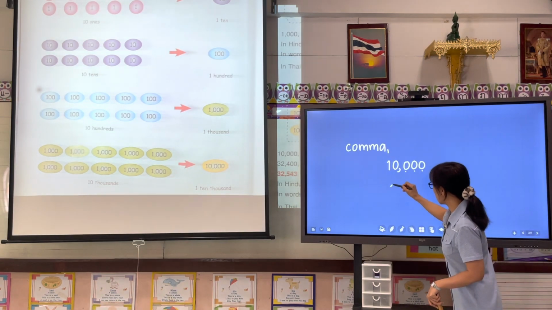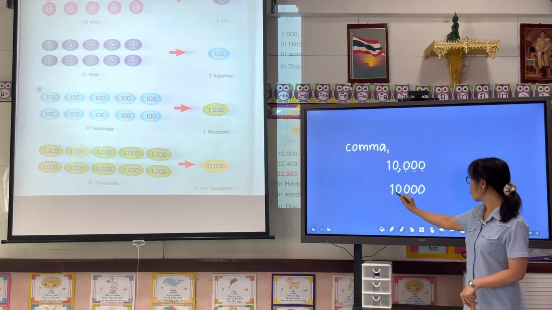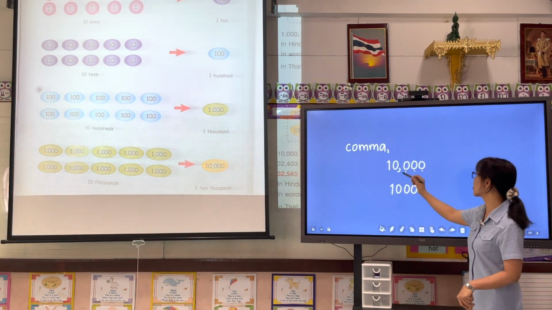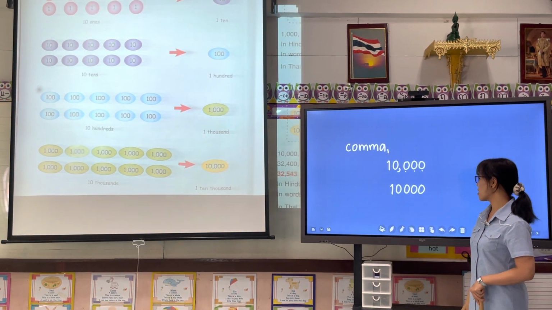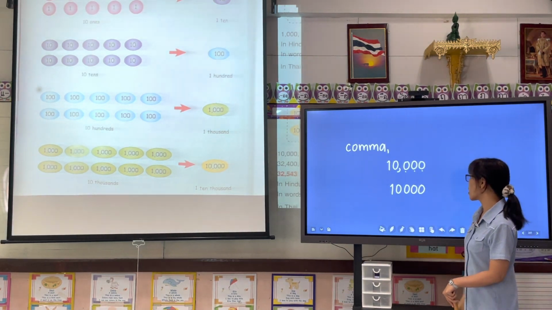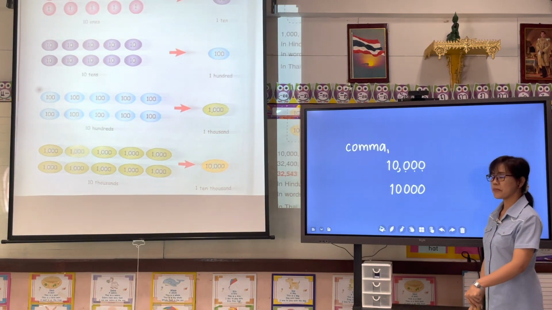Right? 1, 2, 3, comma. Because if we write our number just like this, we don't know how to read this. Right? So when we read this, 1, 0, 0, 0, 0. That's how we read without our comma. Right? So comma is an important part in reading and writing our numbers, especially huge numbers.